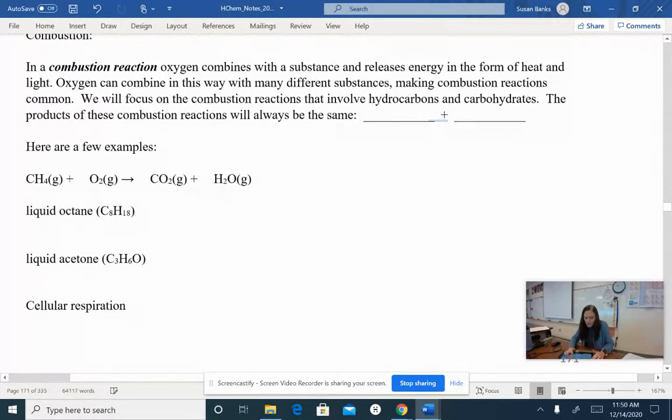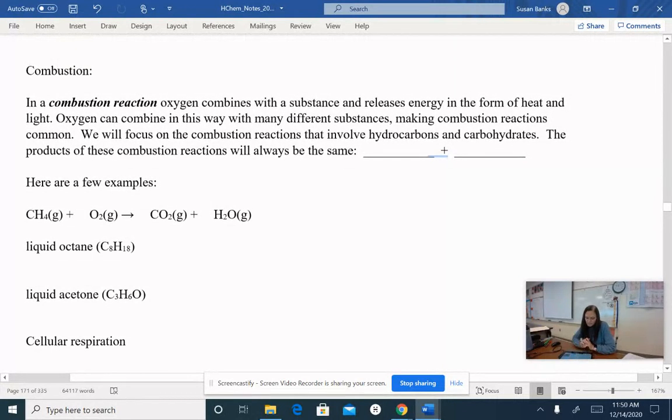Combustion. In a combustion reaction, oxygen combines with a substance that is made up of carbon, hydrogen, and sometimes oxygen, and releases energy in the form of heat and light. Oxygen can combine in this way with many, many different substances, making combustion reactions very common.